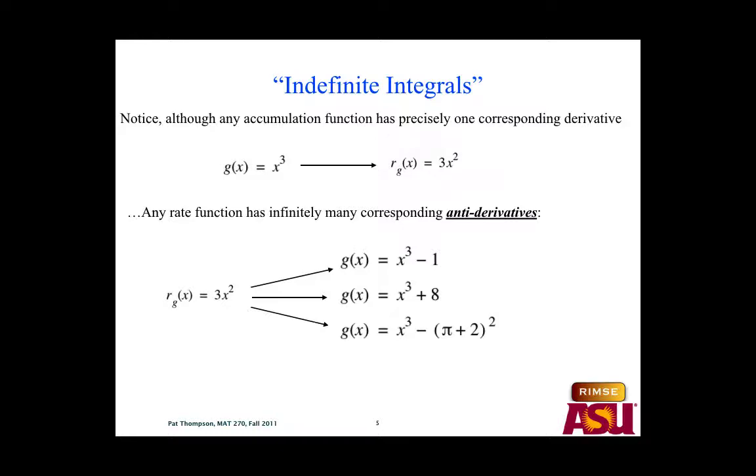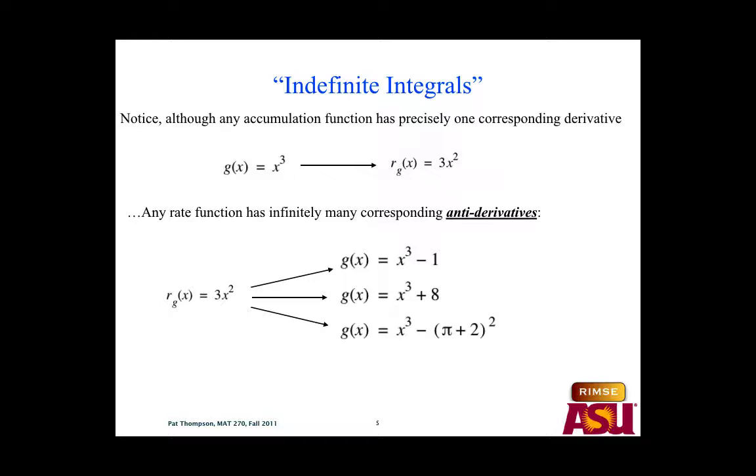In fact, g of x could be any one of those things that we had as an answer to the previous problems, x cubed minus or plus something else. Any of those could potentially have been our original g of x function, and our problems would have worked out the same. It's the same sort of thing as if I say, well, if the equation of a line, let's see, a line has a slope of 7, figure out how much the y value increases from 1 to x.